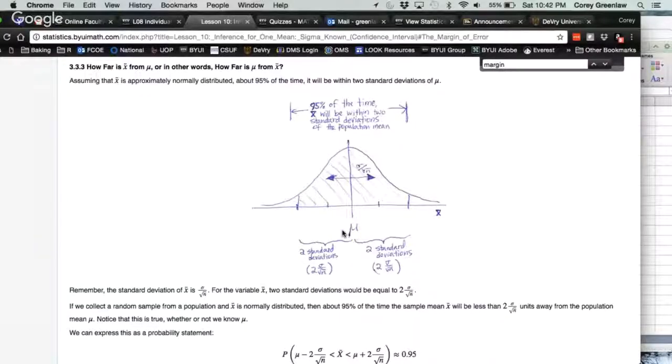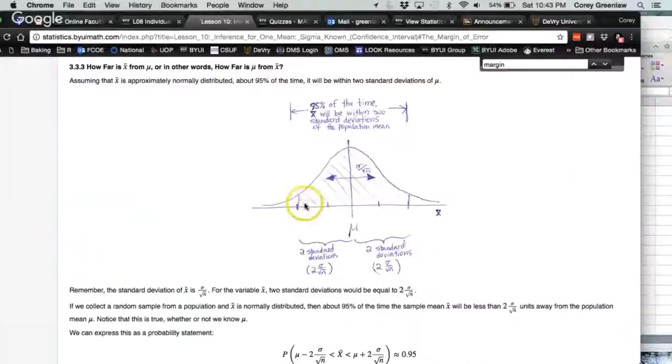What we're being asked for with the margin of error is the distance between here and here. Our confidence intervals give us this data point and this data point. But what we need to do is subtract the smaller data point from the larger data point, and then divide that by 2 to get the middle.